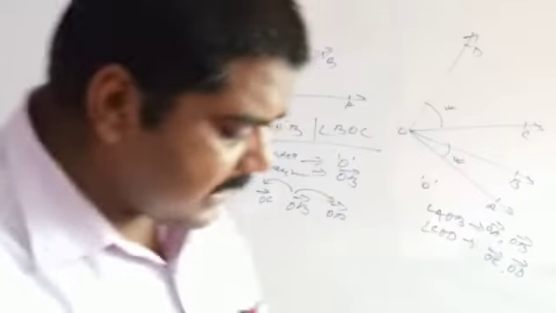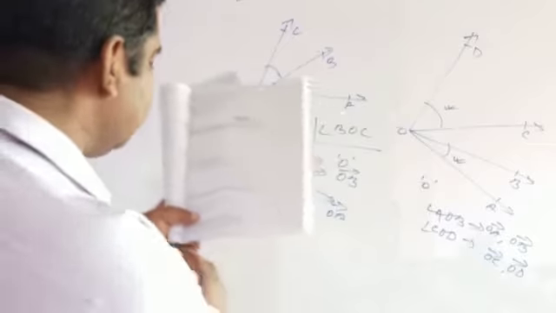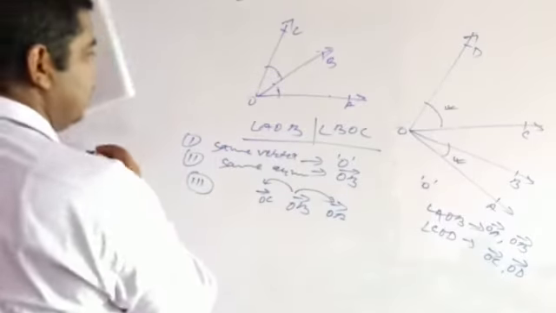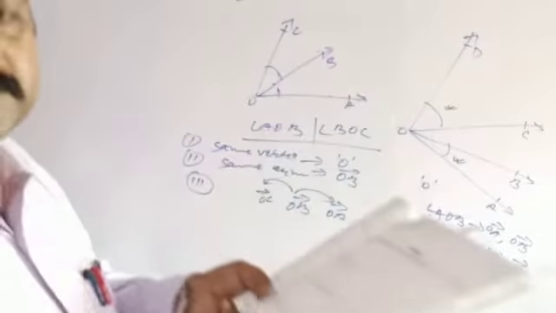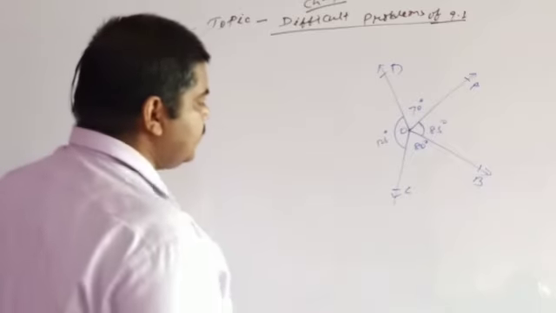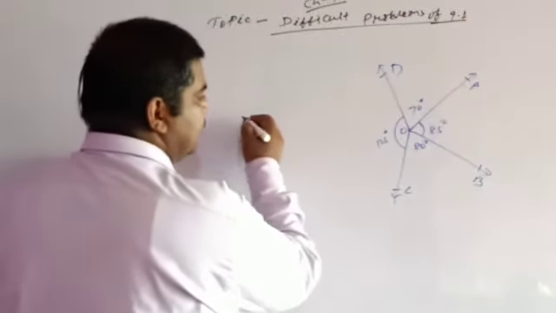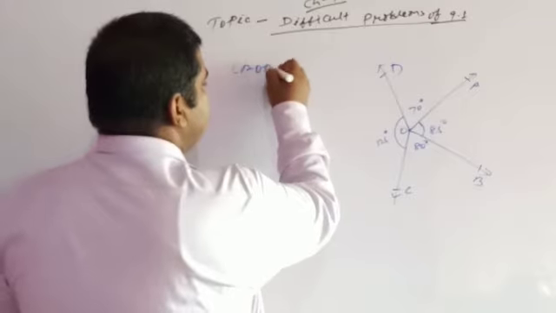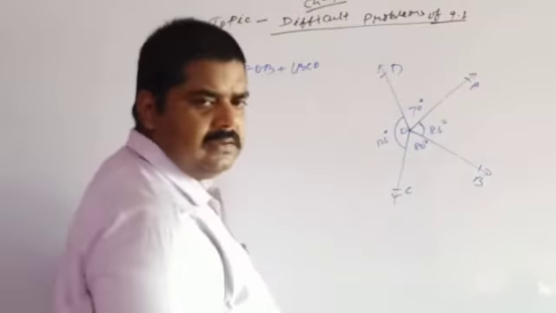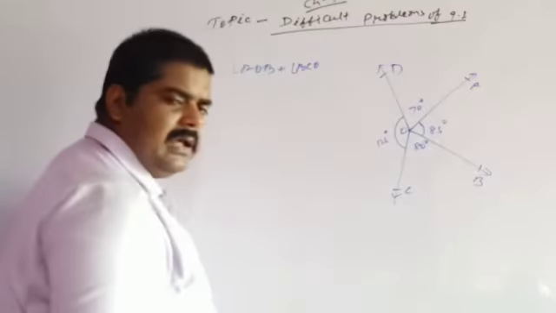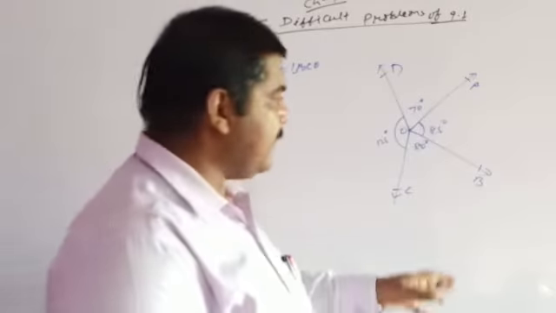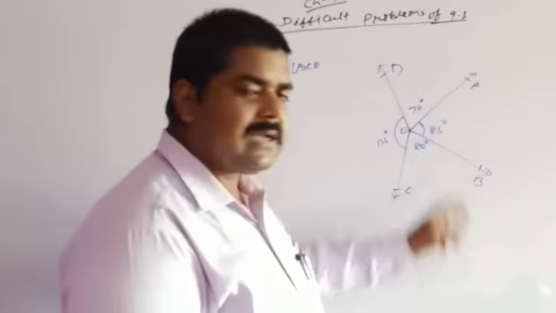Next question is related to a figure. You need to check whether angle AOB and angle BOC form a linear pair. For a linear pair, the angles should be adjacent, and these two angles are adjacent.